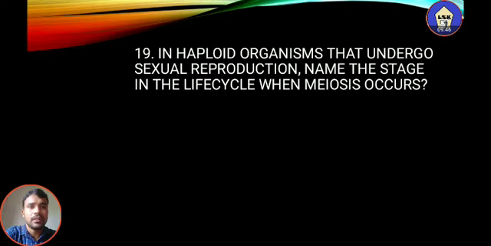Question number 19. In haploid organisms that undergo sexual reproduction, name the stage in the life cycle when meiosis occurs. So in the haploid organism, during sexual reproduction, in which stage does meiosis occur?